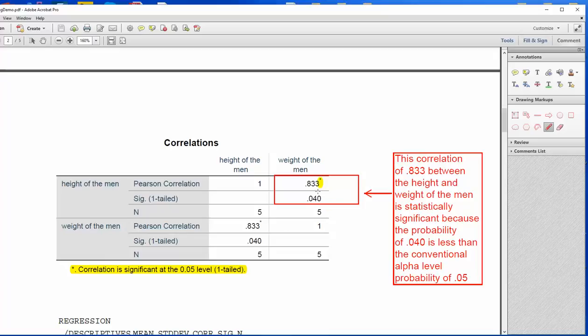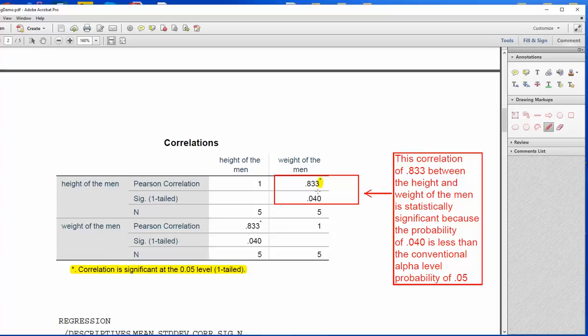I have said this before, that if it is 0.05 or less, you know you have a significant result, whether it's a correlation or a t-test, as we will see later, or an analysis of variance.